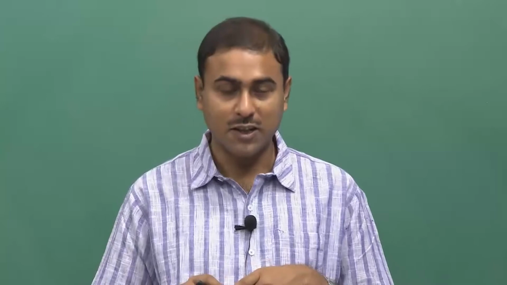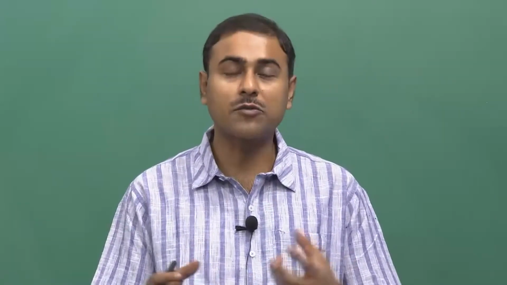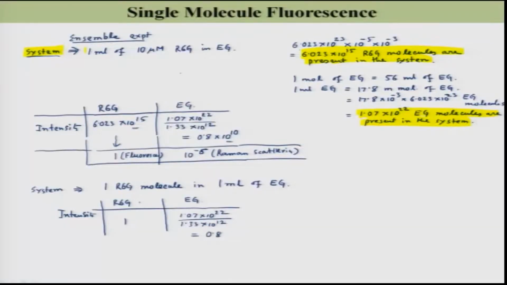In this case 1 ml, in this case also 1 ml, but here you had taken a 1 micromolar solution of rhodamine 6G. So, the number of rhodamine 6G molecules was very large, 10 to the power 15, but here it is only 1. So, here that Raman scattering is 0.8 into 10 to the power 10. Now, you see this is 10 to the power 10 and this is 1.